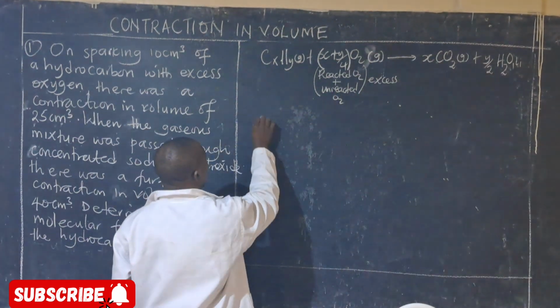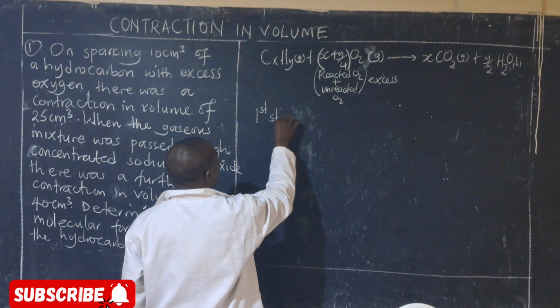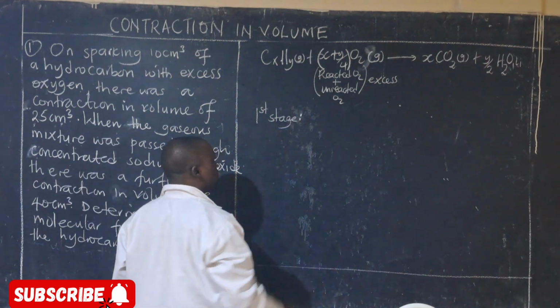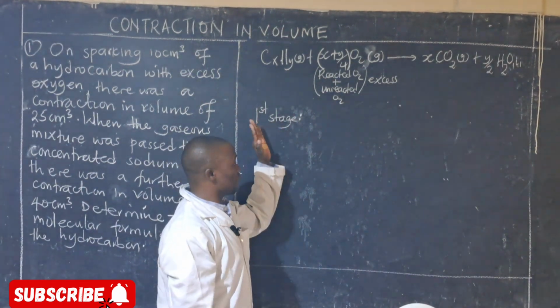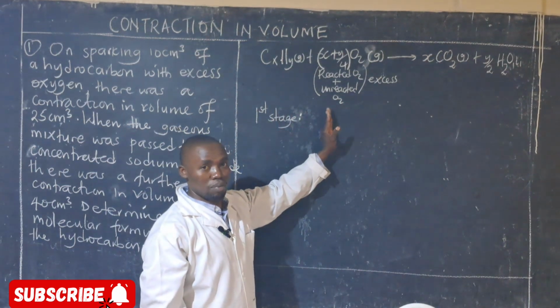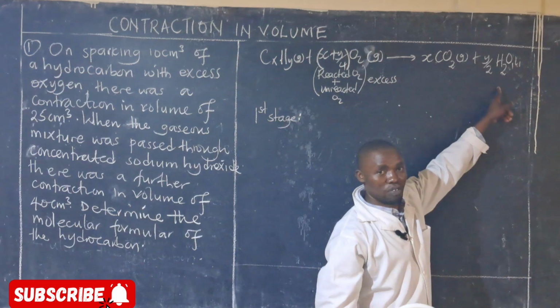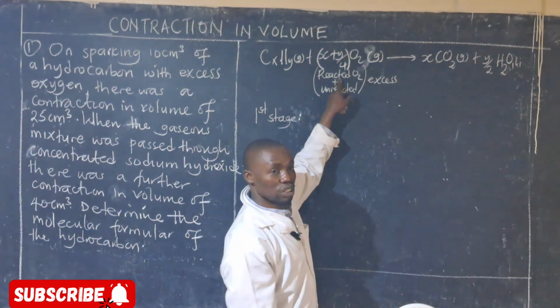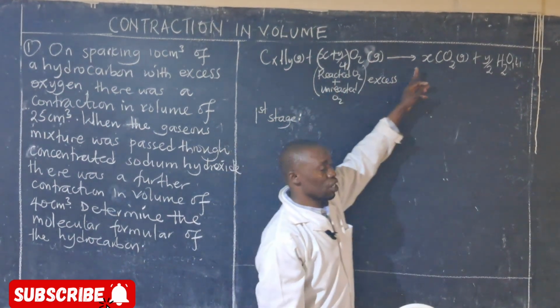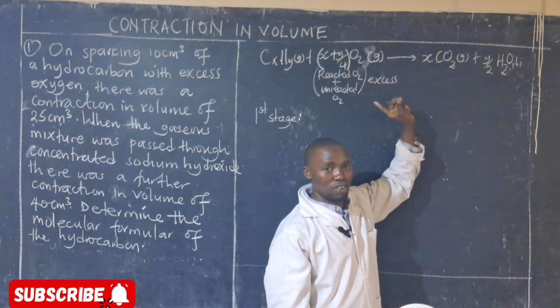Now let's look at the first stage. First stage, the gaseous products after combustion, before you cool. When we burn, we produce carbon dioxide and water vapor, but part of the oxygen goes unreacted. So I will have carbon dioxide, water vapor, and unreacted oxygen.